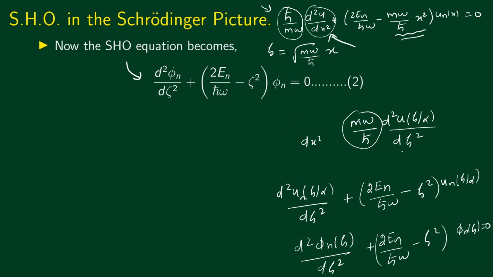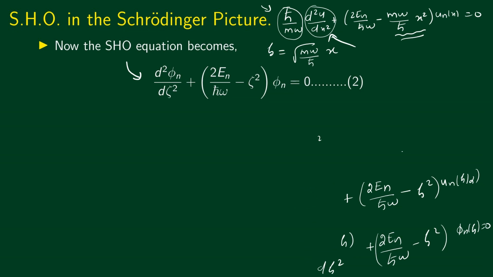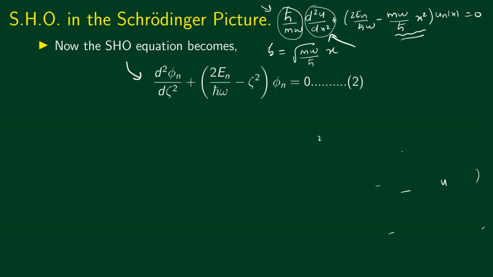Now we see that this looks very much like the differential equation satisfied by the orthonormal Hermite functions. What was the equation again? If you remember from our revision, the differential equation satisfied by the orthonormal Hermite polynomials, we wrote in terms of x, but it doesn't matter.